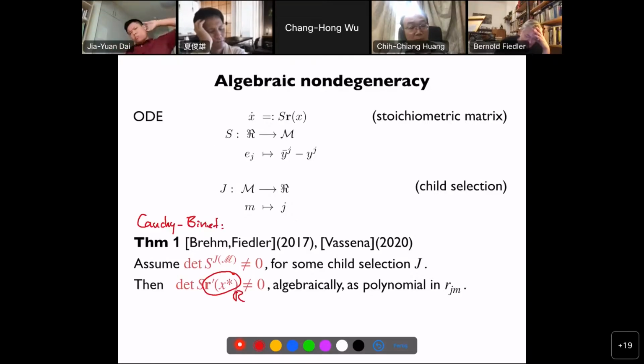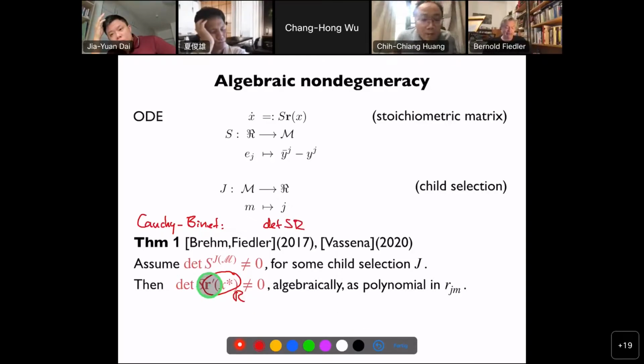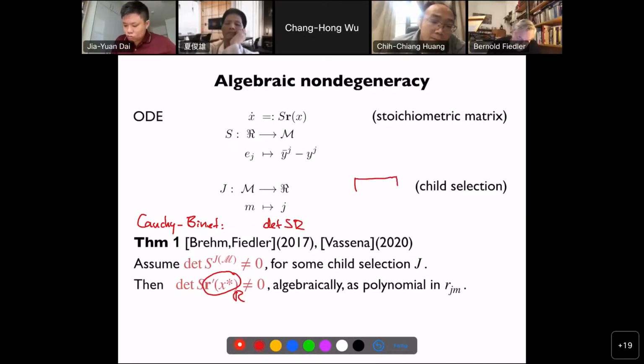which basically says that the determinant of SR, you see, this is a weird thing because these are rectangular matrices. These are not square matrices. S is much longer than high, and R is much higher than long. So it's like this.